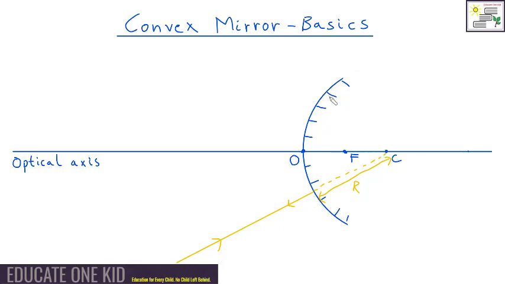Let's draw another example up here. If a light ray comes along like this, again directed towards the center of the circle or sphere, it will again reflect back in the opposite direction like this.